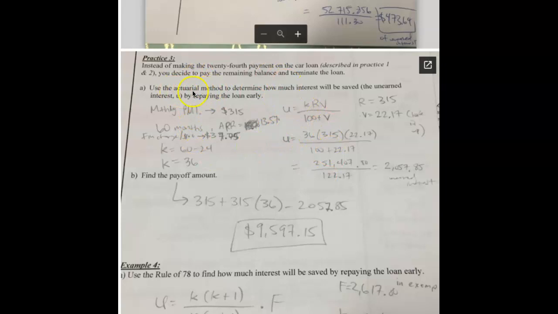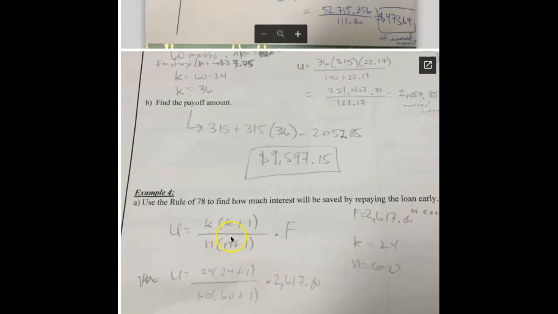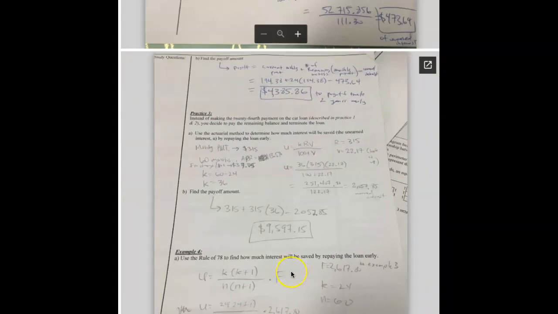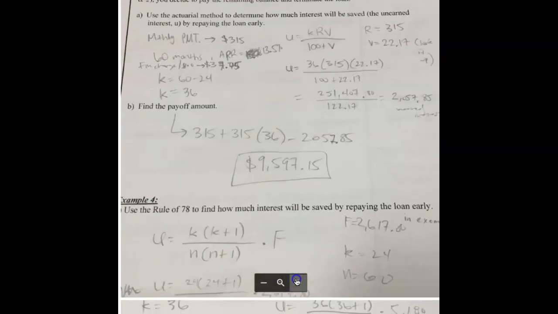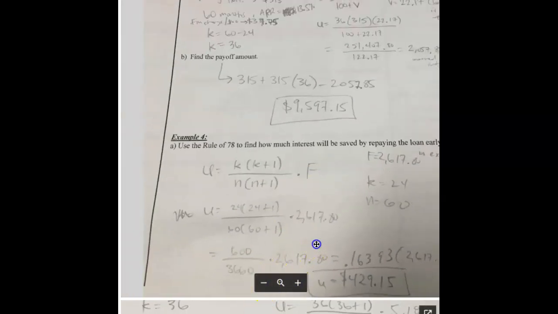It's the actuarial method again, but right here, using the rule of 78. It actually doesn't say that here, but we're going to use the same information from example 3.